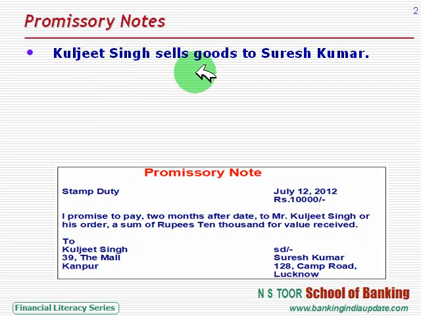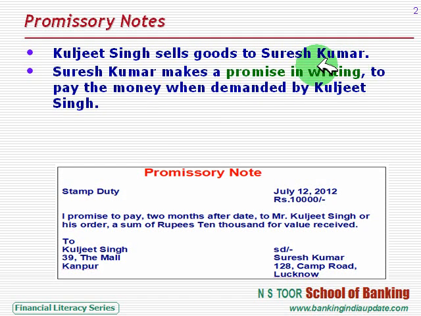Kuljit Singh sells goods to Suresh Kumar. Suresh Kumar makes a promise in writing to pay the money when demanded by Kuljit Singh.